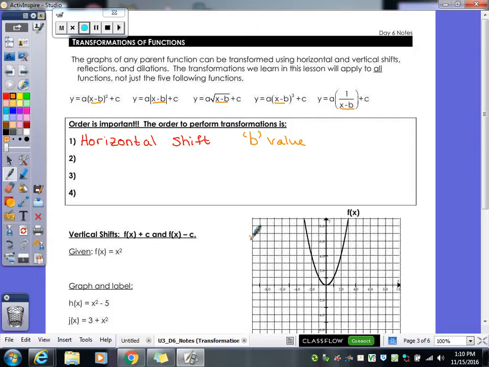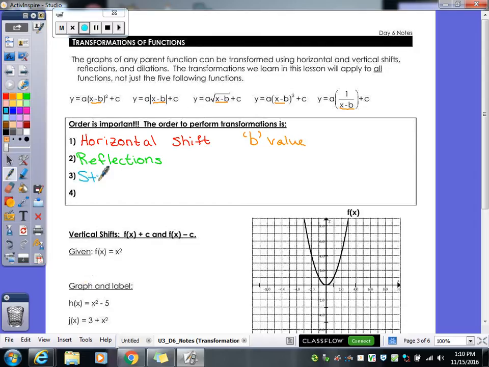Horizontal shift, you can't get any closer. It's right next to x. So that's the one we do first. Next, we do our reflections. And we actually have two types of reflections. We'll get to that on the next page.